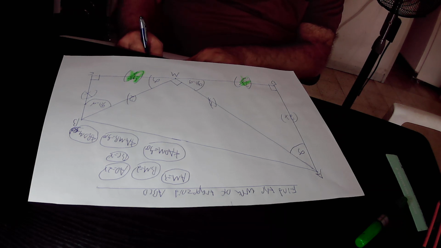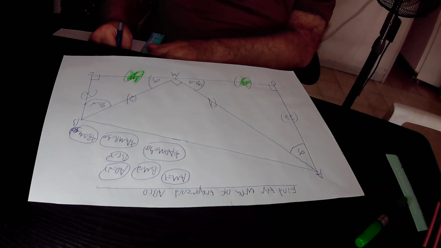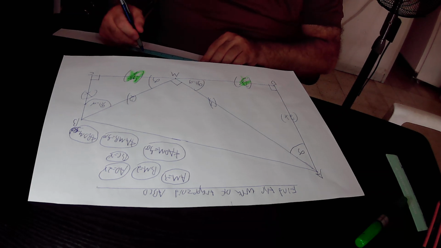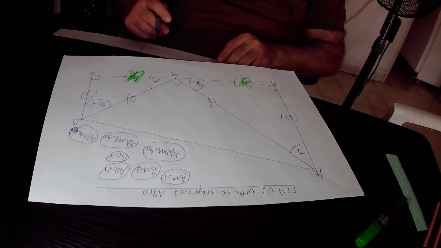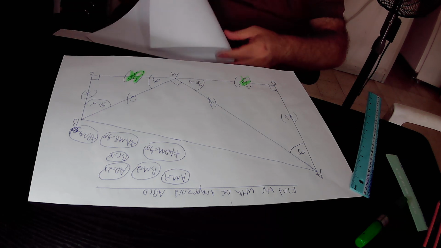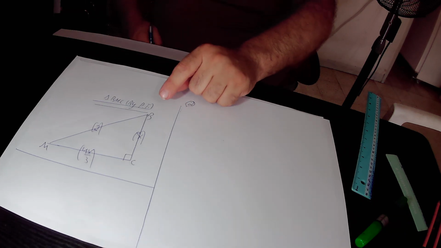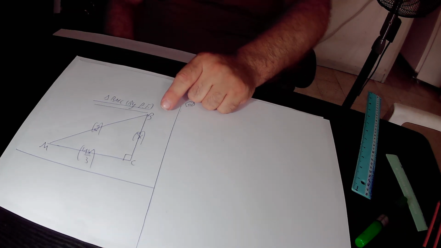Here by PT, I mean Pythagoras theorem. This is the right triangle BMC that I copied from the original drawing.